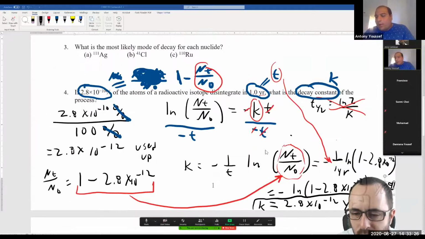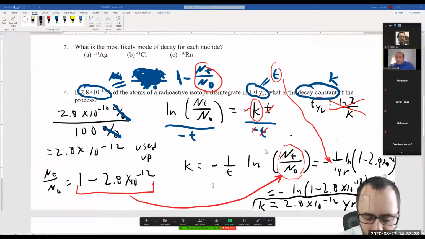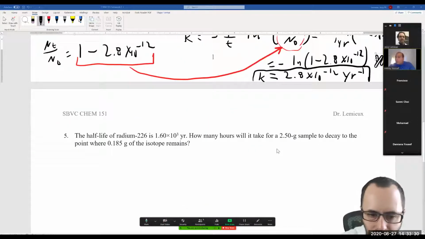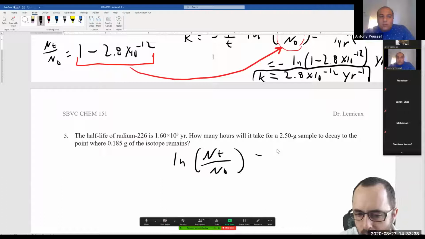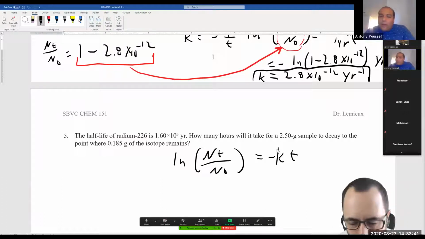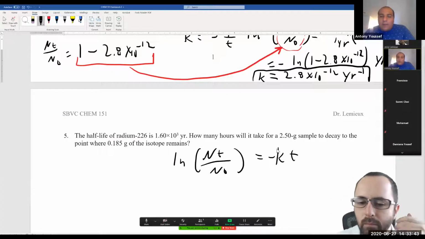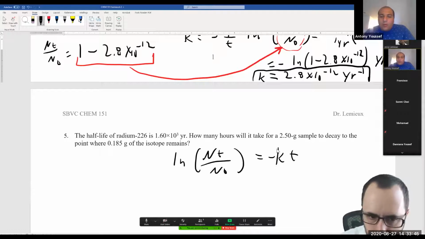They're all going to use this equation. They're all about kinetics. So when you see how long or half-life or whatever, what you're using is this one. And if it's a half-life, we are using the time one-half equal to.